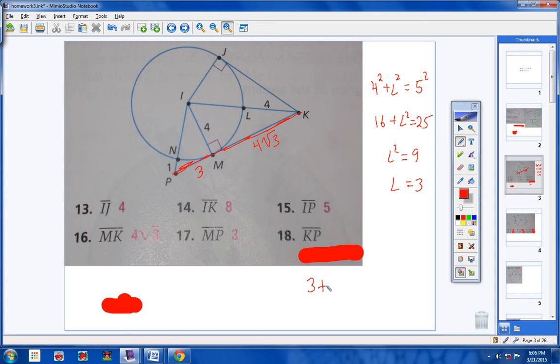Now students, you can't add those together, okay? Because one has a square root of 3 and one doesn't. Now if you want to type this whole thing into your calculator, get a decimal, I have no problem with that. 3 plus 4 square root of 3 in decimal form would be 9.928, and that would be fine, okay? But I think the answer they have is 3 plus 4 square root of 3. Alright, so there we go.